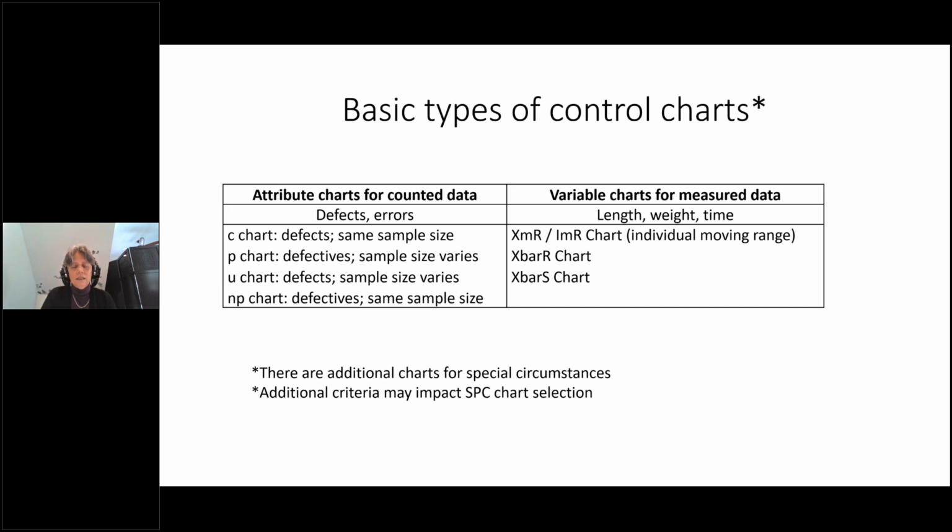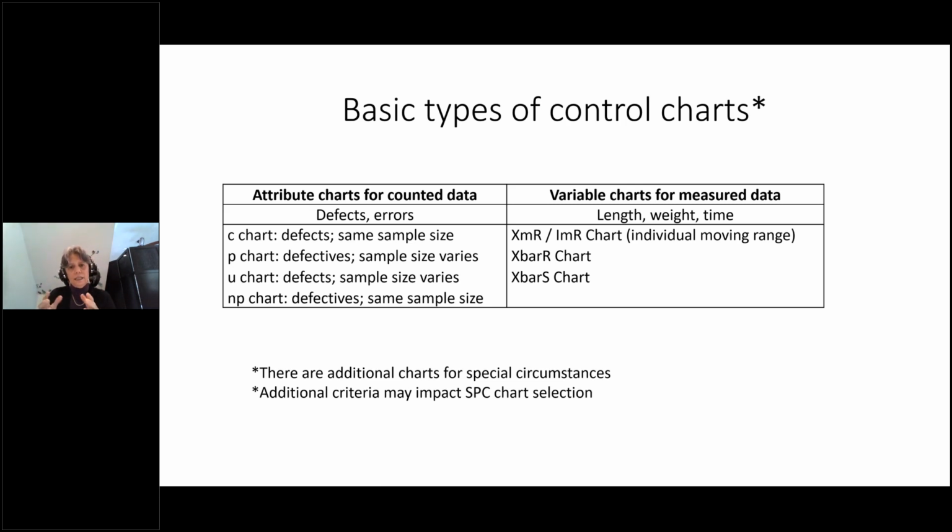And especially if you have unusual data sets, very large data sets, very rare events, there are reasons to use more exotic control charts. But really, basically, you want to know in counted data, are there defects, or are you looking at the defectives?